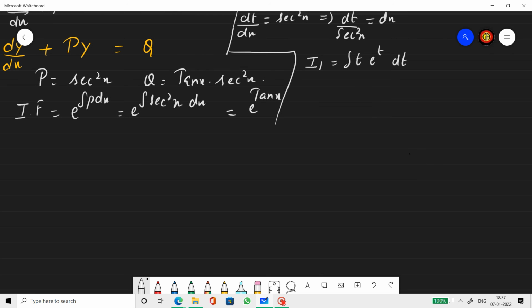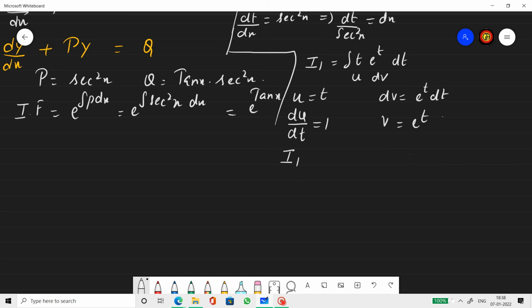Now I have to use parts, wherein t is an algebraic function and e power t is an exponential function. So ILATE: algebraic comes first and then only exponential. So u is considered as t and dv is taken as e power t dt. So du by dt equals 1, integration of dv is v, and v equals e power t itself.